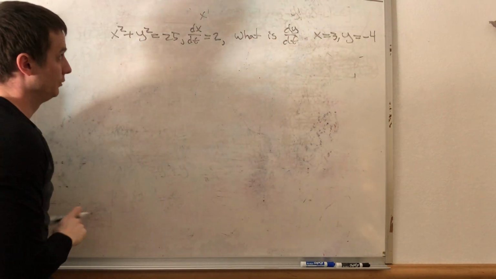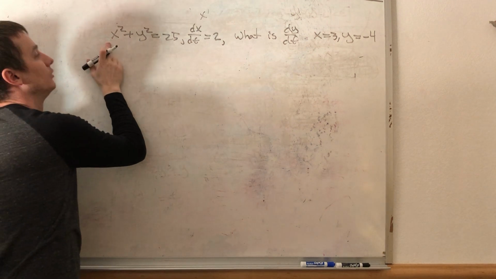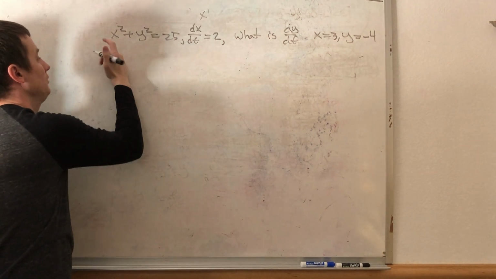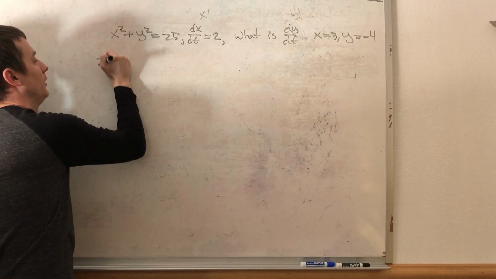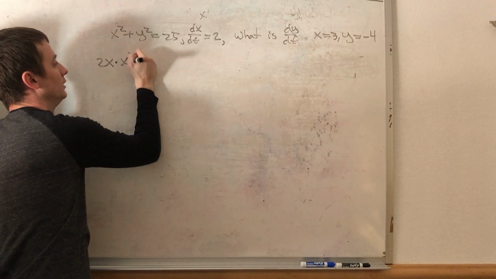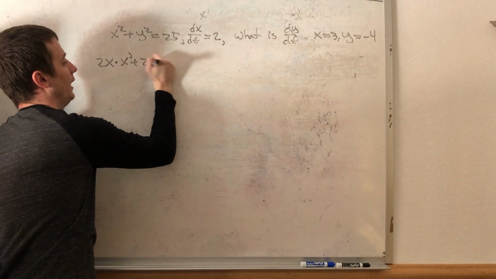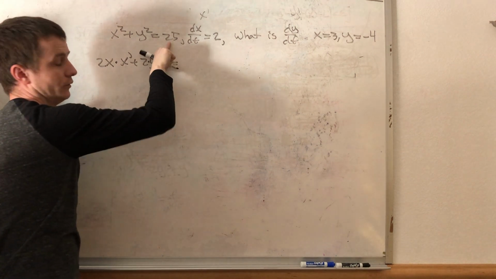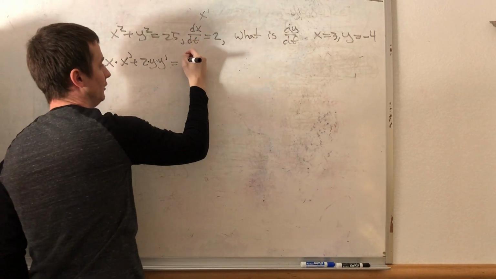That would be notation I use, just to help keep clean. So now take this expression and use implicit differentiation. So we're going to get 2x times the derivative of x with respect to t, which is x prime, plus 2y times y prime, is equal to the derivative of 25 with respect to t, that's just a constant, so 0.